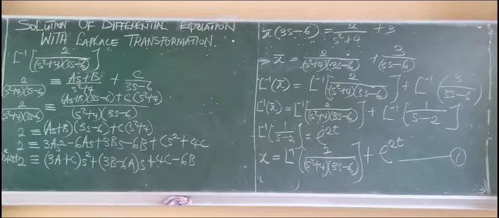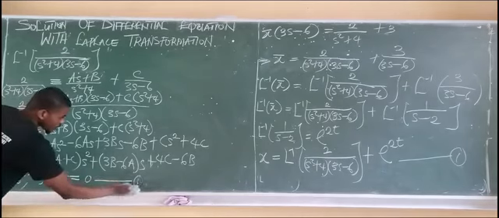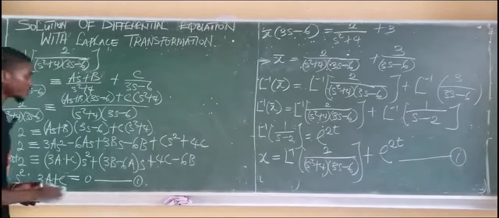For s squared, the coefficient on the right hand side is simply 3a plus c, but on the left hand side it is 0. Hence, this is equal to 0. Call this equation 1.